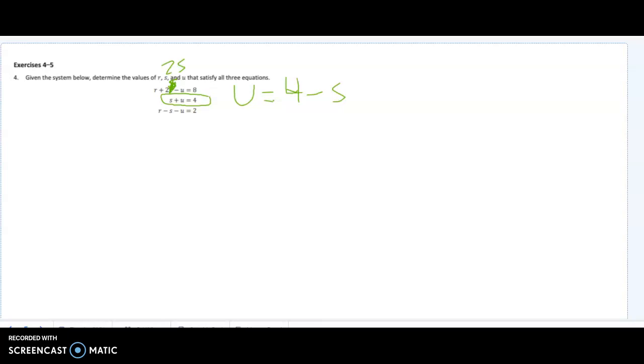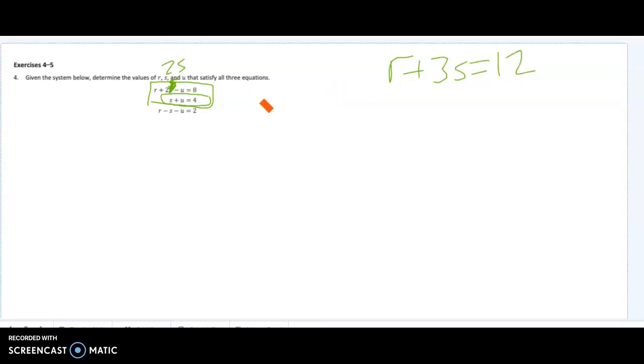So what can we go from there? Or do we need to even do that? We can do it. You could. Let's combine these two first, though. If we combine those two, that gives us r plus 3s. The u's cancel, and gives you 12. Oh, since the u's cancel, let's not do that.